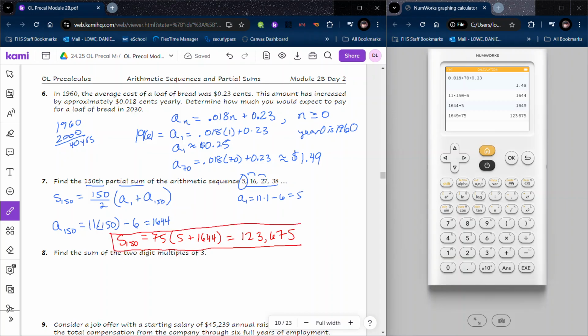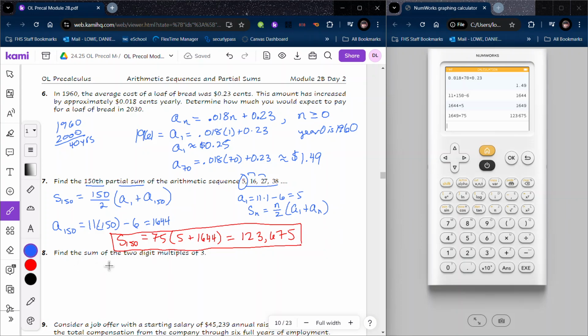So it is important to know how to use our calculator and set things up. Once again, a very useful formula: the sum of the first n terms is the number of terms divided by 2 multiplied by the first term plus the last term.